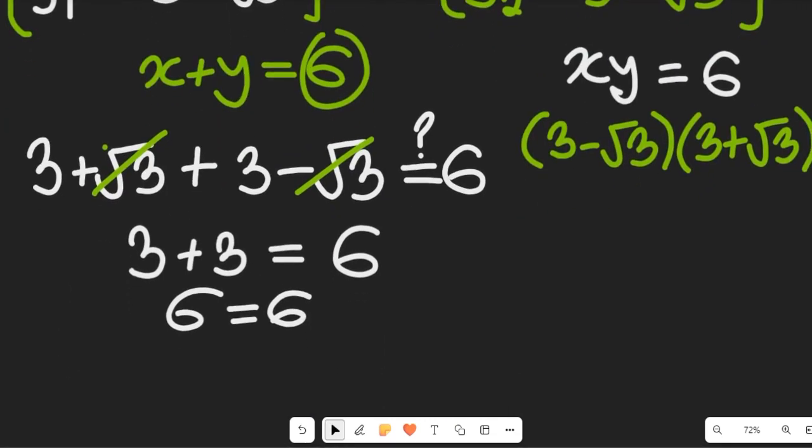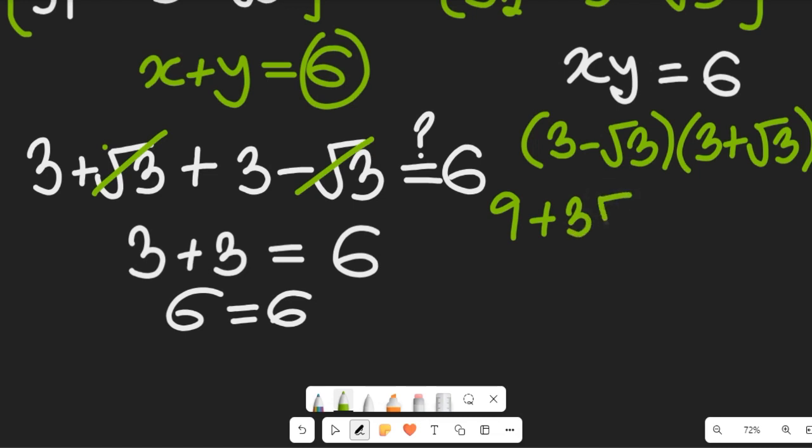Let's test out. 3 times 3 is going to give us 9. 3 times root 3 will give us plus 3 root 3, right? And minus root 3 times 3 will give us minus 3 root 3. And then minus times minus will give us plus. Root 3 times root 3 will give us 3.